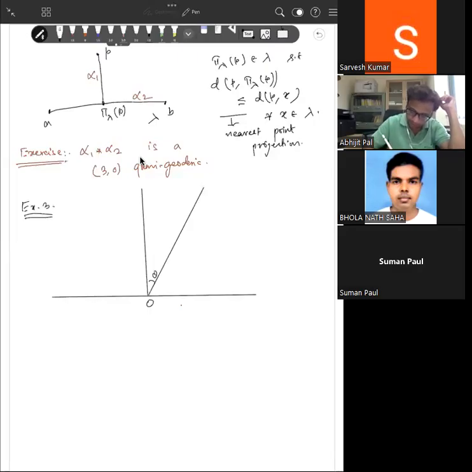Yesterday we showed that this line L lies in a bounded neighborhood of the imaginary axis I, and vice versa also. One can again prove that this L is a bi-infinite quasi-geodesic.